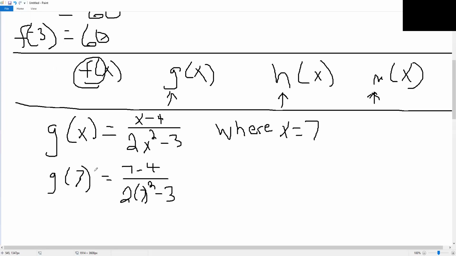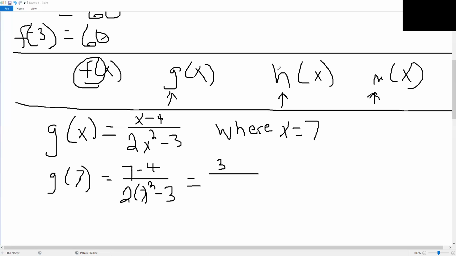Okay, so we will work this like a normal equation. We would get 7 minus 4, that is 3. And then 7 squared is 49 times 2, right? So what's 49 times 2?